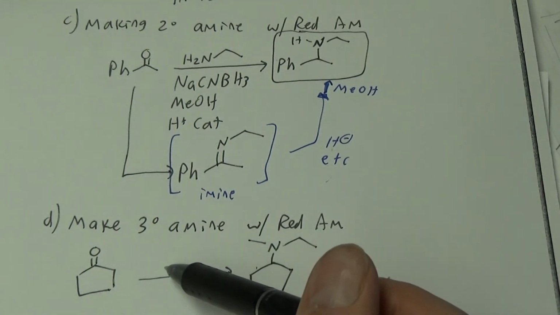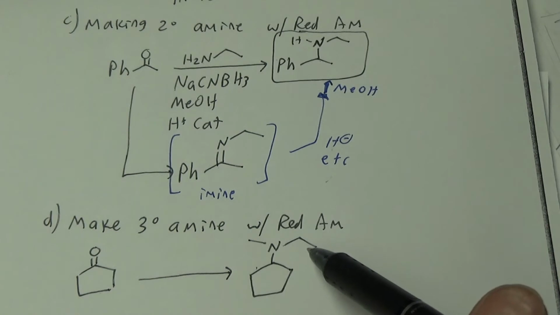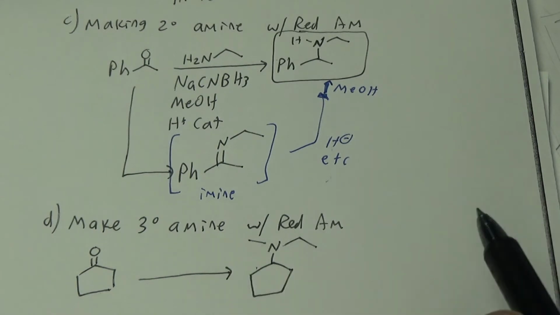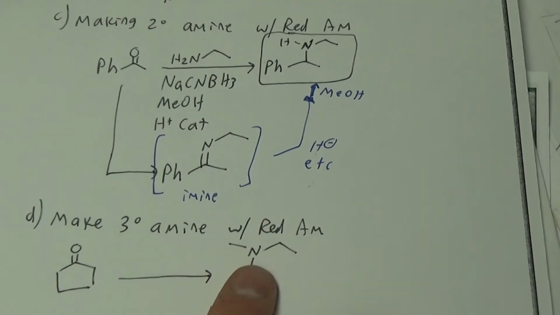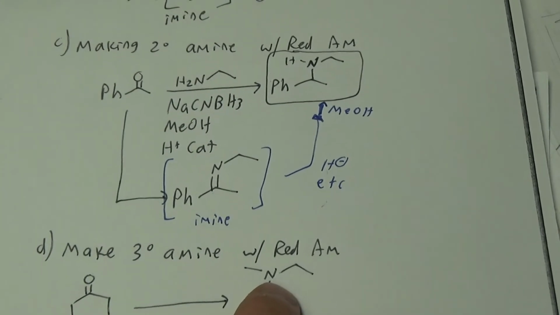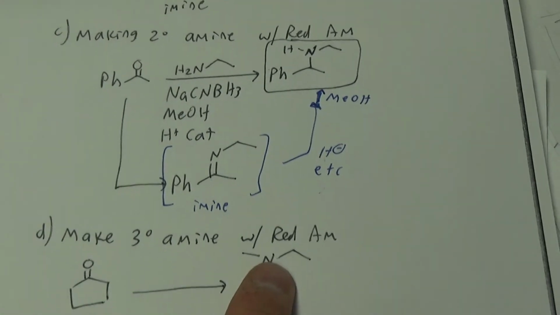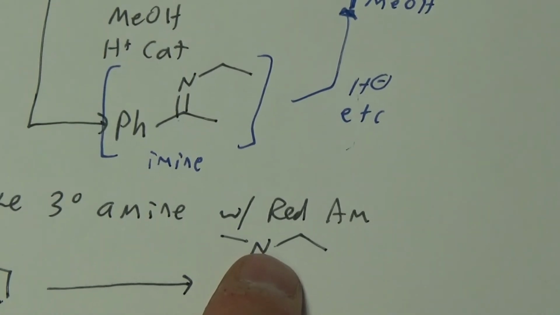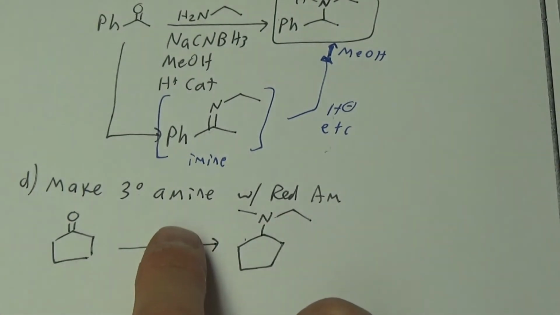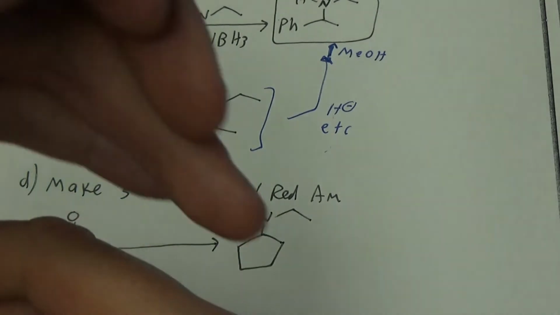It's going to be a secondary amine in and a tertiary amine out. That makes sense? And what's the amine going to look like? It's going to be that. All we're going to do is react it with methyl ethylamine. That's going to be the amine we're going to use. We're going to have a secondary amine in and a tertiary amine out.